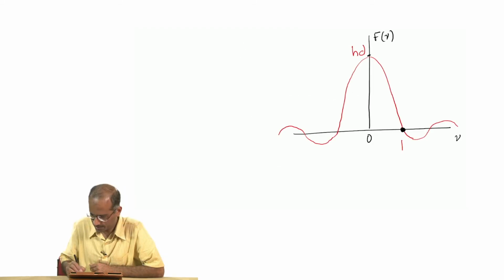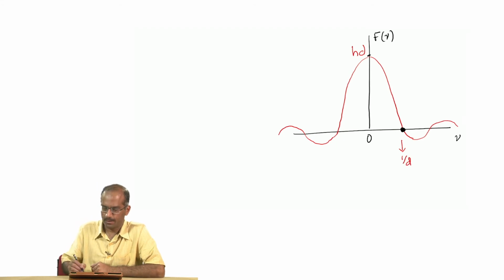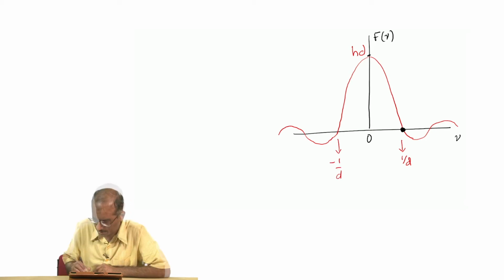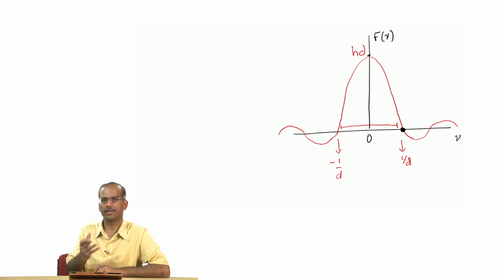So, this value is 1 over d, and similarly this value should be minus 1 over d. This you can take as one measure of maybe the width of your Fourier transform function. So, that is twice 1 by d, or 2 times 1 by d.